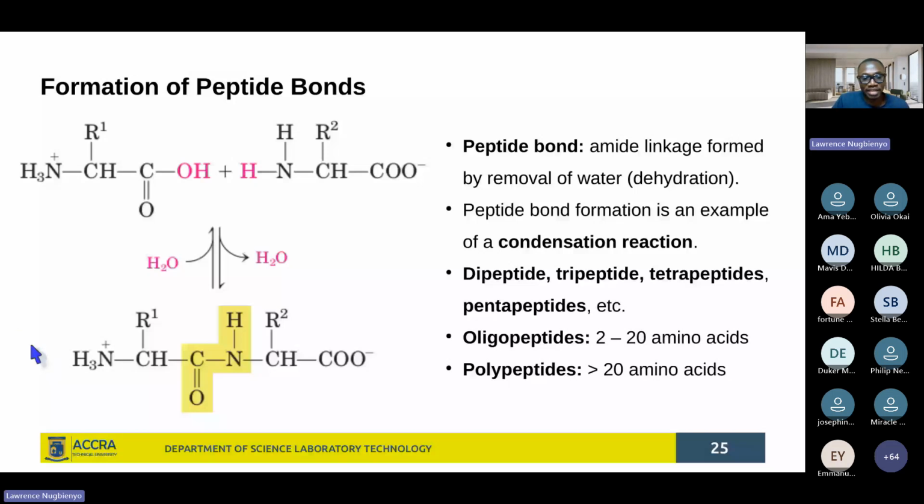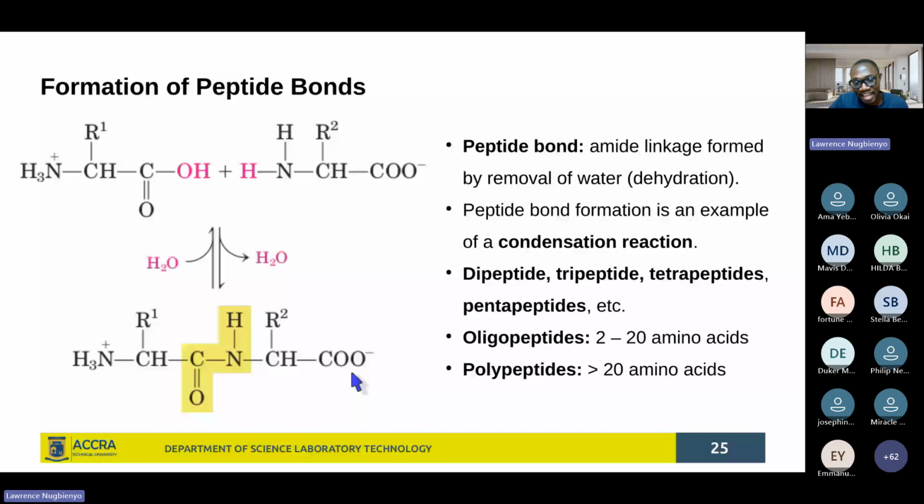So if you take a peptide chain, always there's going to be one side which is ending with an amine group, and the other side will be ending with a carboxylic acid group.